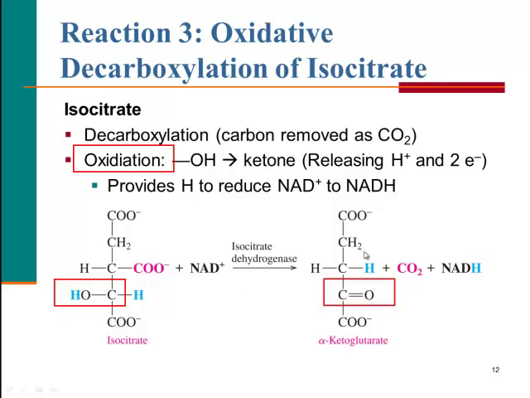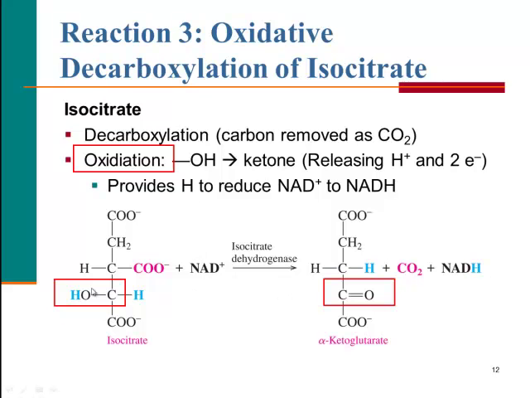Now when this happens, there's going to be the release of the hydrogens that you see here in blue. These hydrogens and 2 electrons are going to be donated to an NAD to produce NADH.